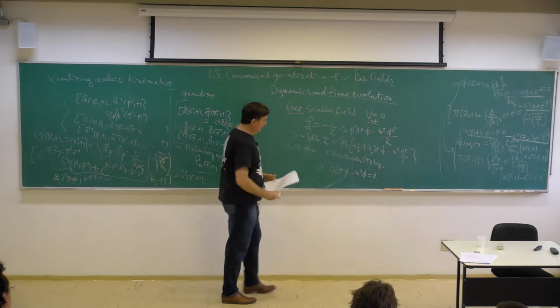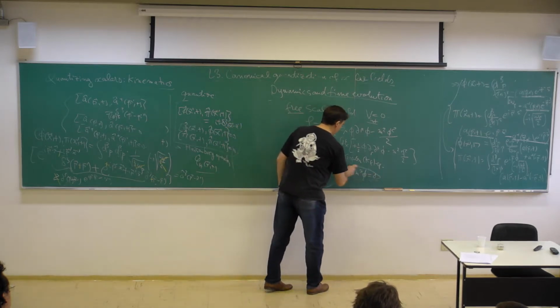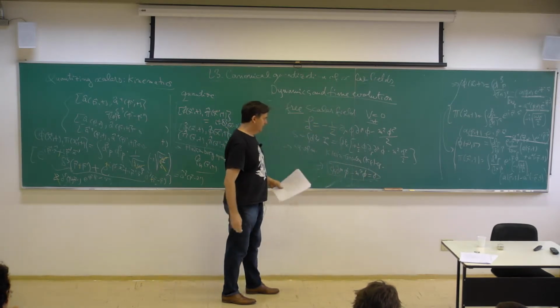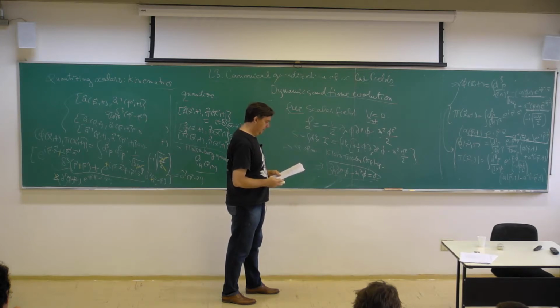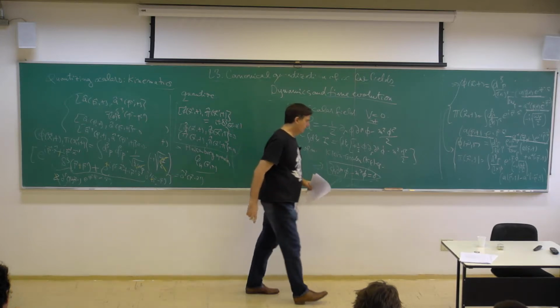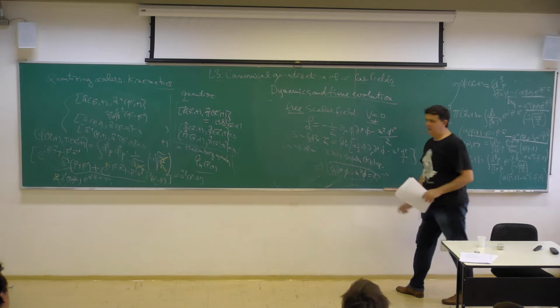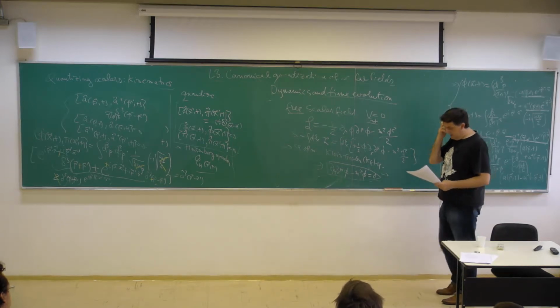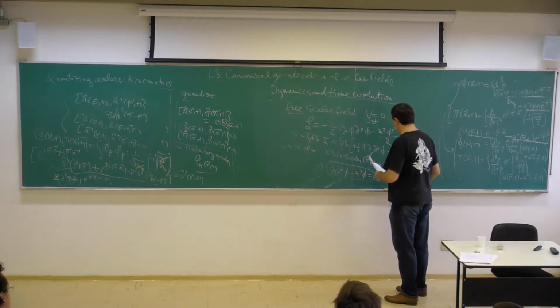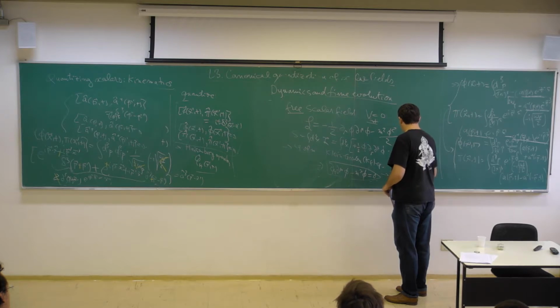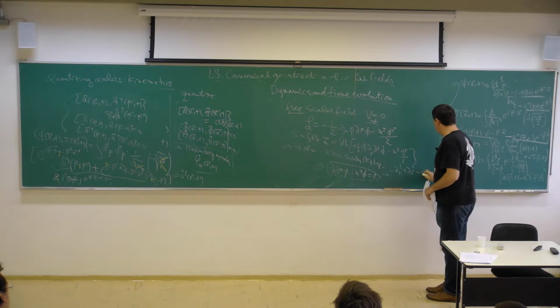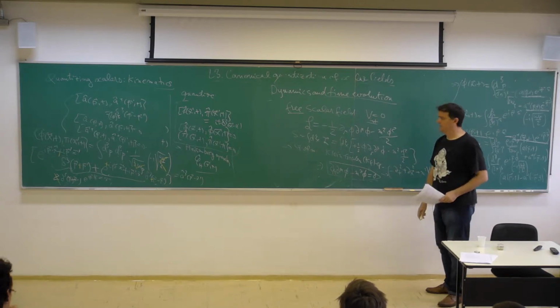So the Klein-Gordon equation is d mu d mu phi minus m squared phi is equal to 0. Or explicitly separating time and space, minus dt squared plus dx squared minus m squared, acting on phi, is 0. Okay?